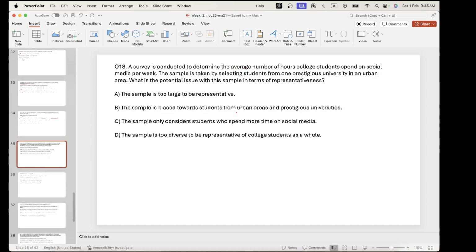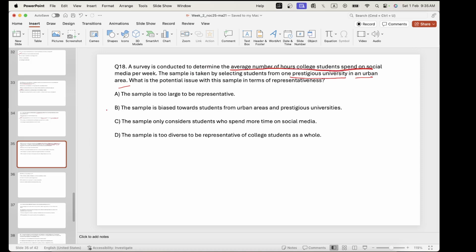Okay. A survey is conducted to determine the average number of hours college students spend on social media per week. The sample is taken by selecting students from one prestigious university in an urban area. What is the potential issue with this sample in terms of representativeness? It's selected from a particular university in an urban area, and my question is about the average number of hours college students spend.